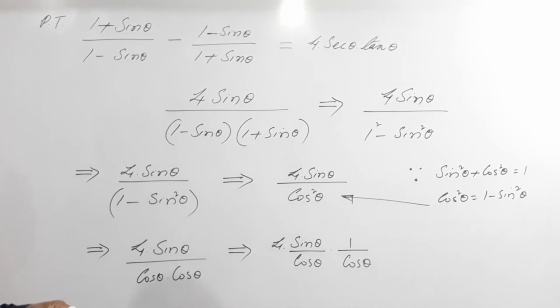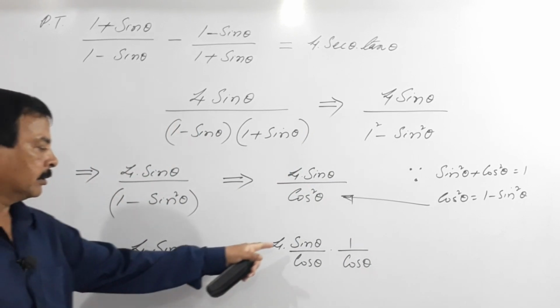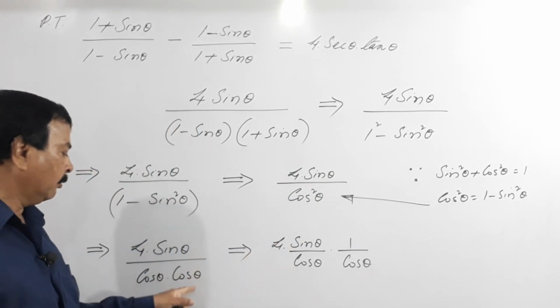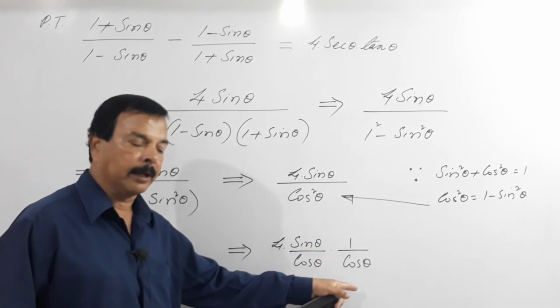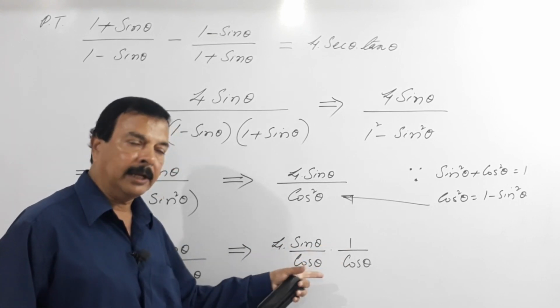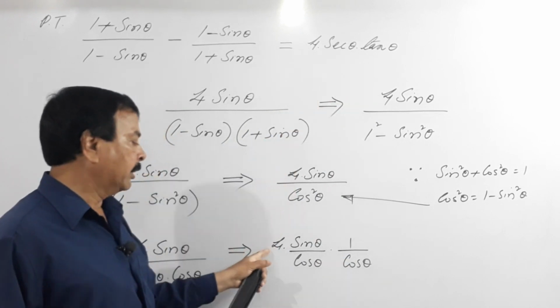Okay. So sin by cos, and I am left with 1 by cos in the denominator. So sin by cos is tan, 4 stays 4.